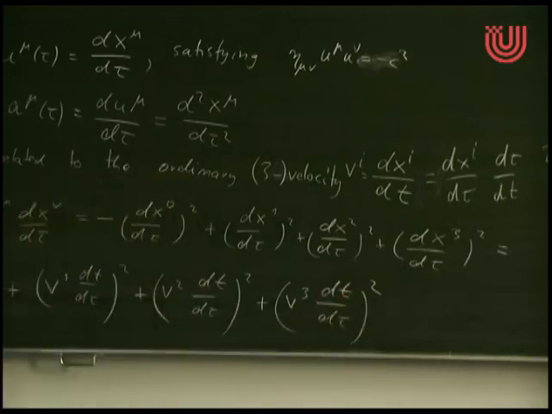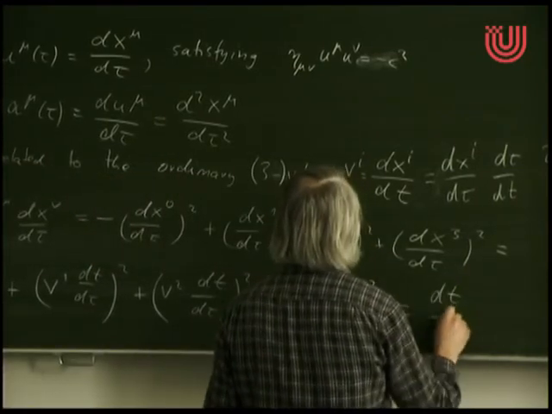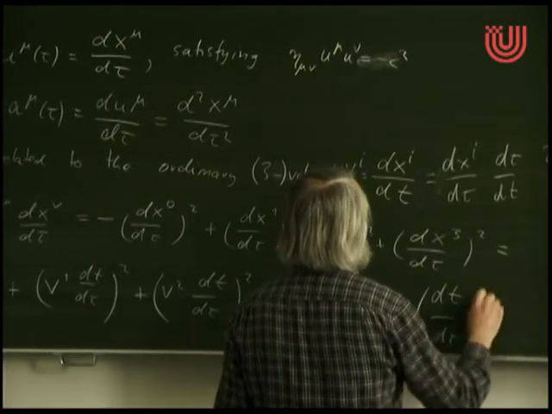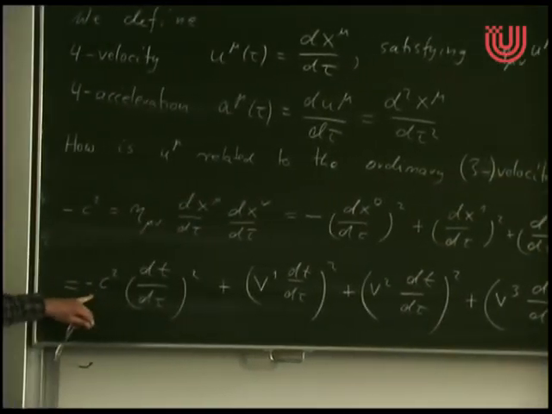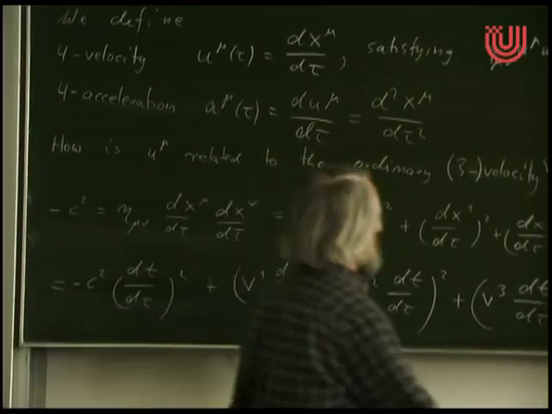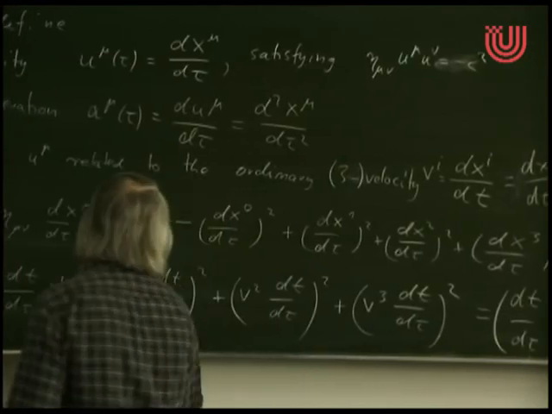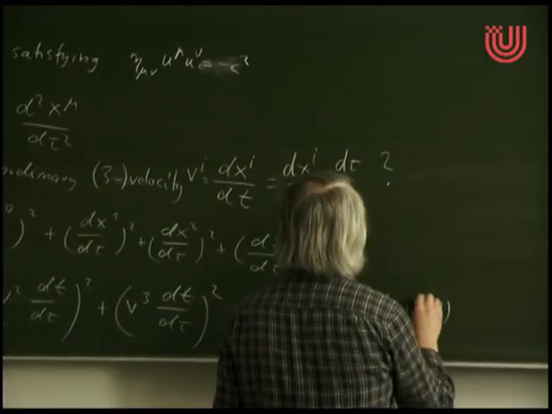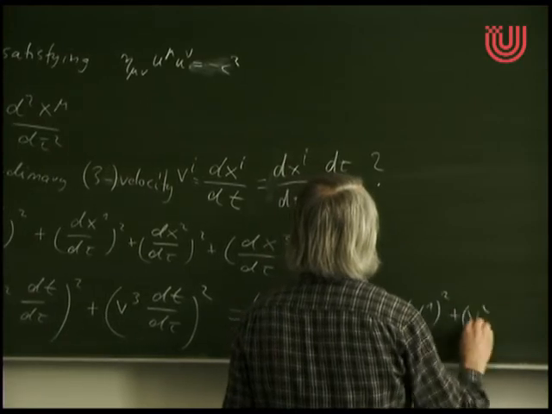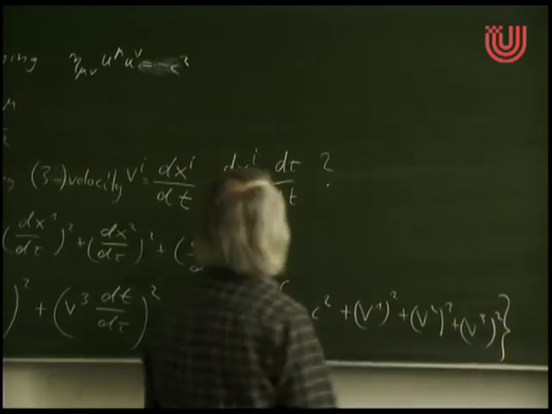Anything wrong? Okay, now you see I can take a dt by dτ out of the bracket. And what do I get then? I get −c² plus v1² plus v2² plus v3².